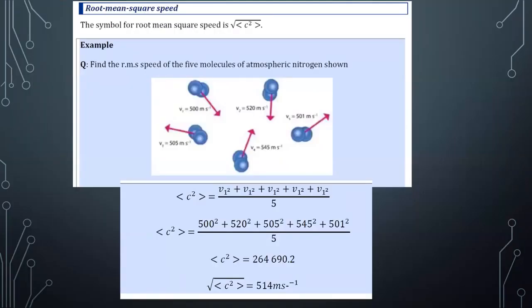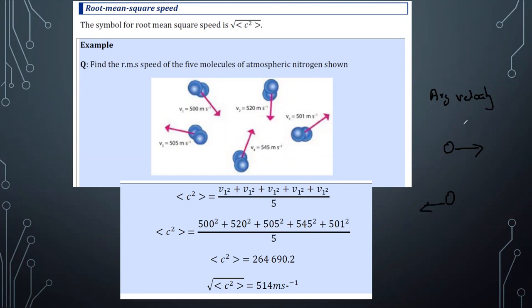Then what is the concept of root mean square speed? Basically, when we calculate the average speed, it is a scalar, but if I want to calculate the average velocity of the particles, as we know, we assume they have perfectly elastic collisions as they bounce back.